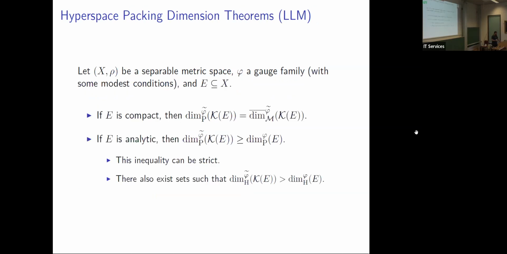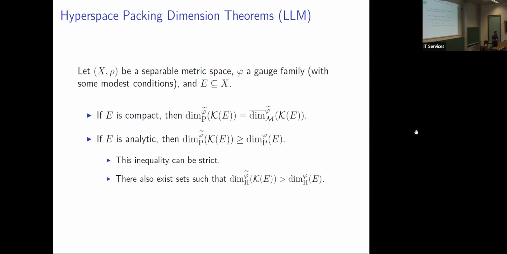And then we can also say something about packing dimension here. If E is a compact set, then the packing dimension and the upper Minkowski dimension of jump phi of the hyperspace of compact sets coincide.